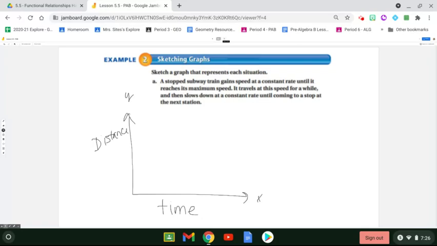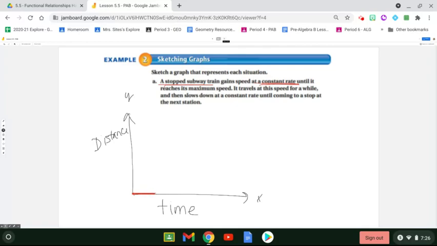A stopped subway train gains speed at a constant rate. Okay, well, first of all, this subway train is stopped. So when we first make our graph, we should be starting at the origin, and when we first make the first section, it's a flat line, right? Because as time's going on, nothing's happening. Okay, then it's gaining speed at a constant rate.